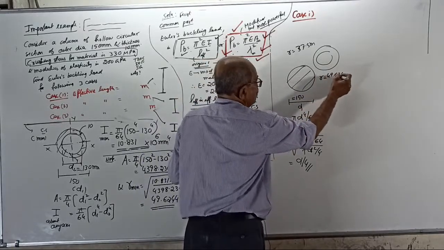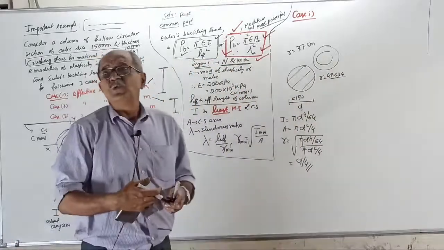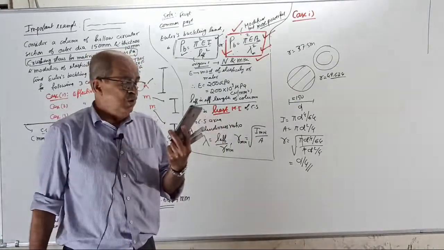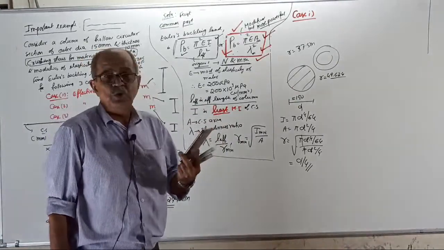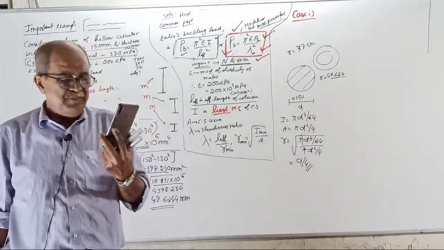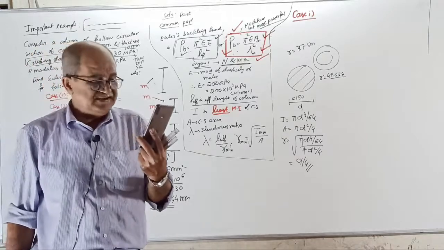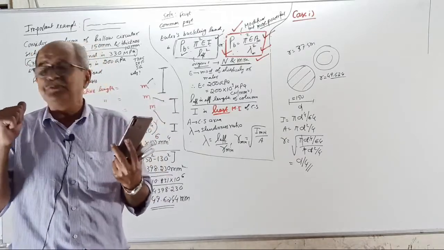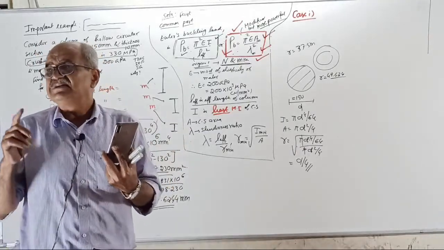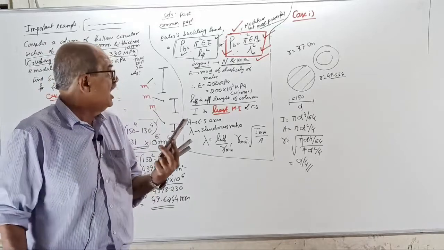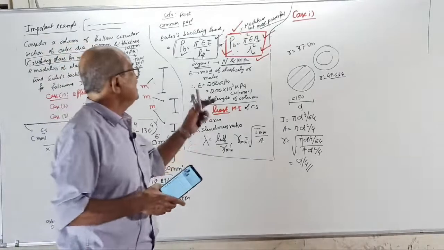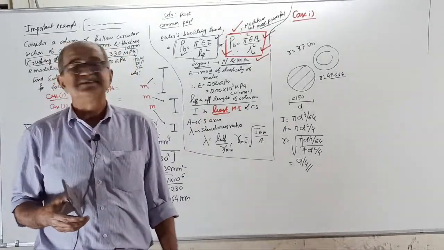49.624. Tell me, good or bad? Your R increased from 37.5 to 49.624. Good or bad? I told you long back, area, moment of inertia, radius of gyration, section modulus, they are all strength supporting factors. So, good or bad? Good. Can anybody tell the reason why R increased?